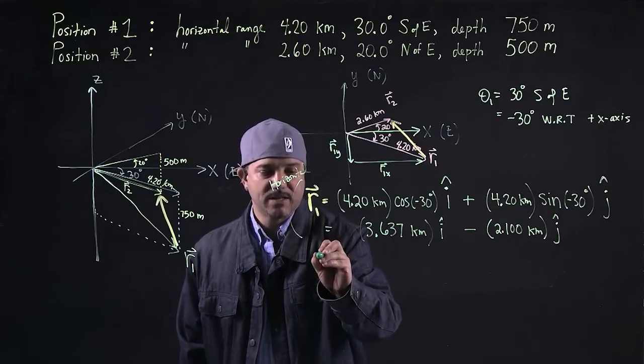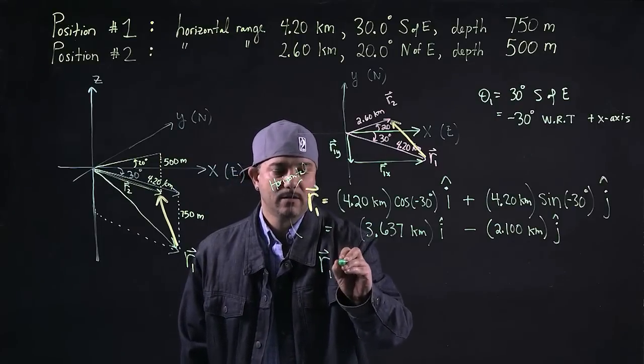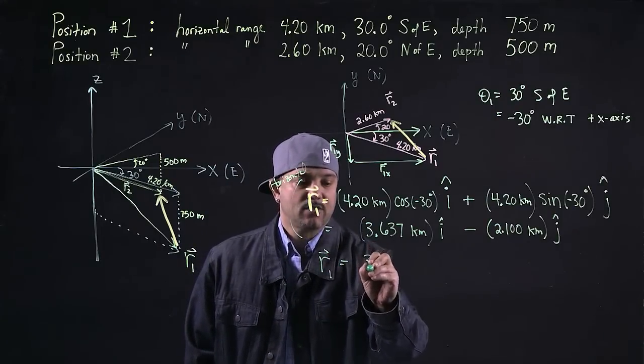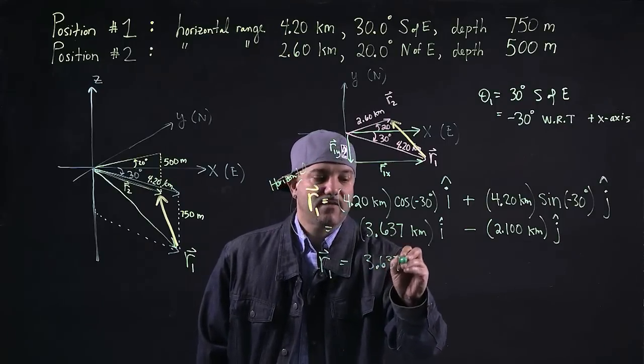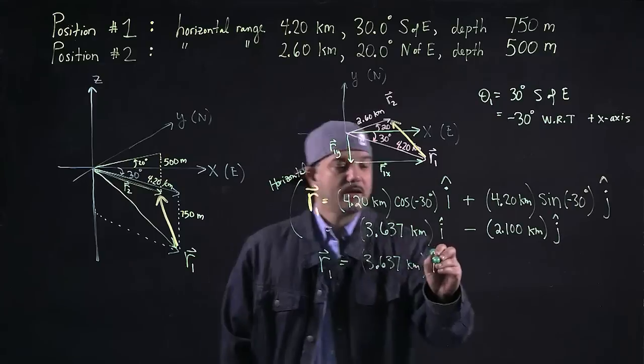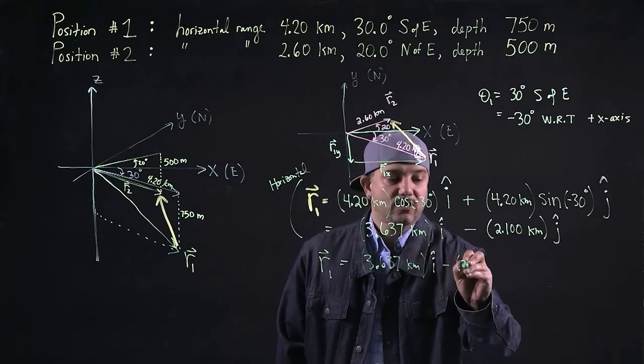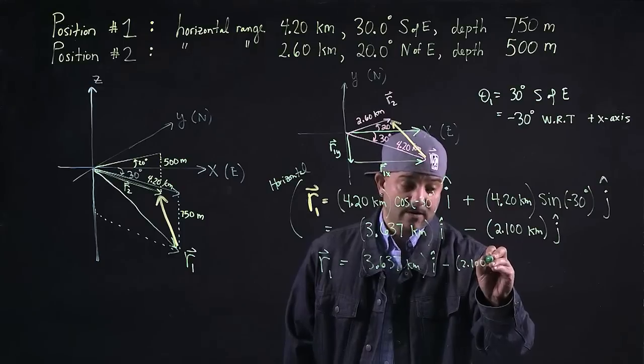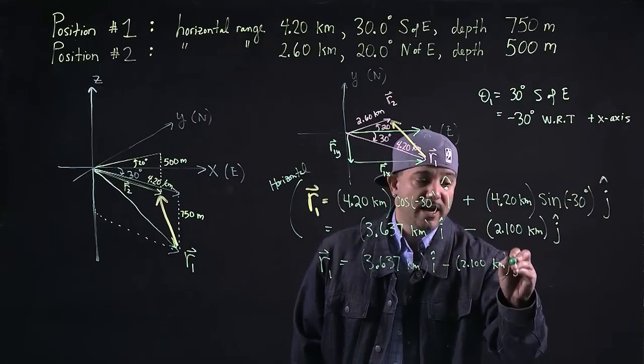The total position vector for R1 we can write as 3.637 kilometers i minus 2.100 kilometers j.